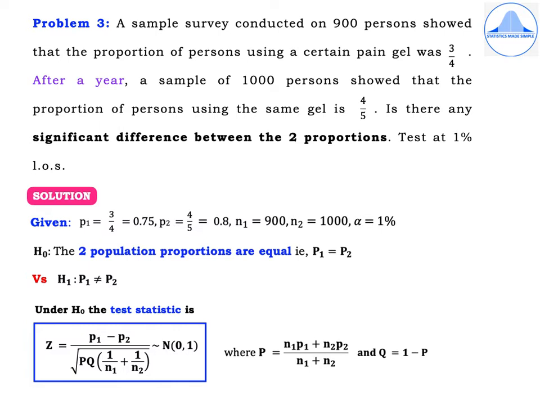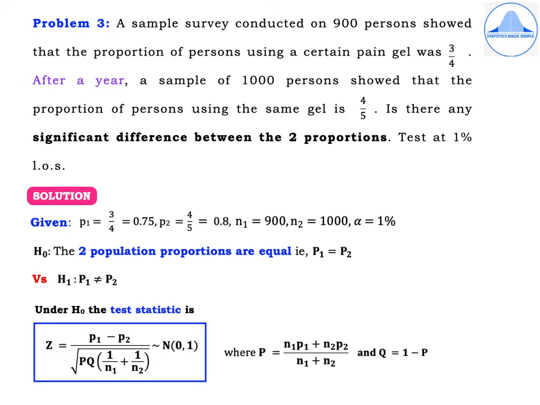In the first sample you have 900 persons and the proportion of persons who used a certain paint gel was 3 by 4. So the first sample proportion is given. So it means that P1 is equal to 3 by 4. Remember that the sample proportions are usually in percentage, decimals or fractions. And also N1 is equal to 900.